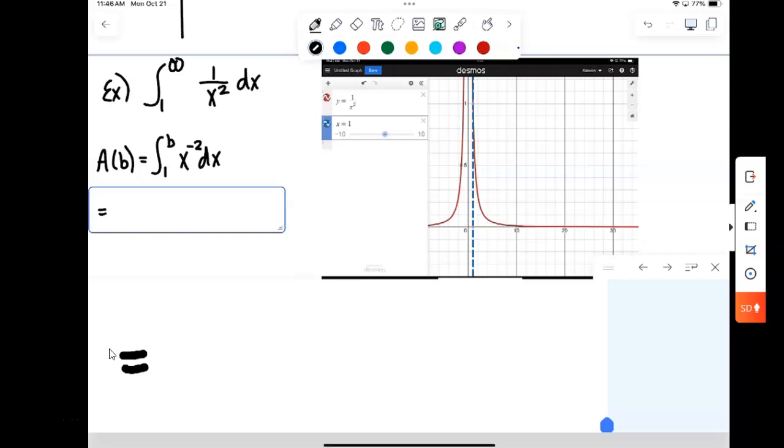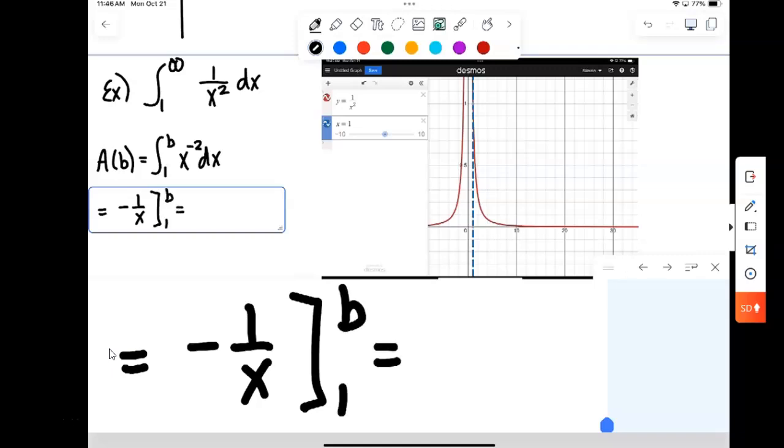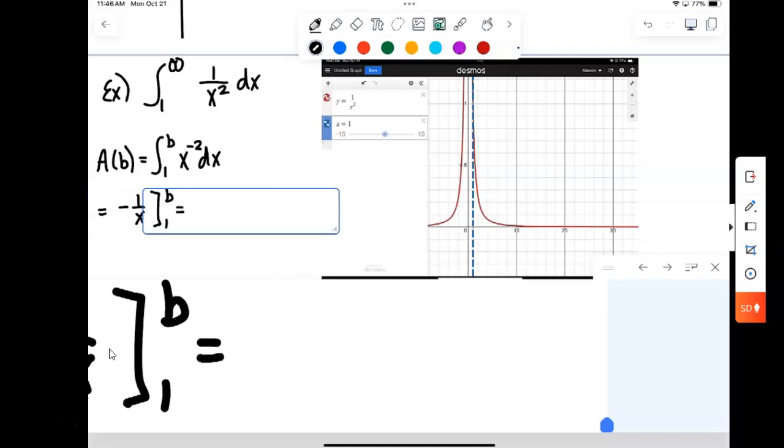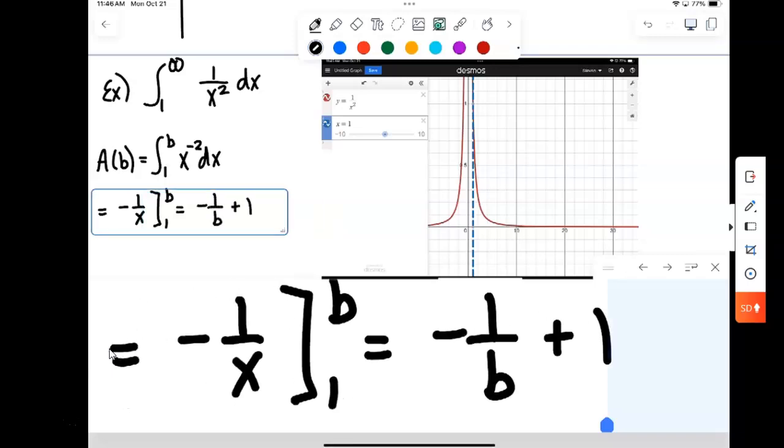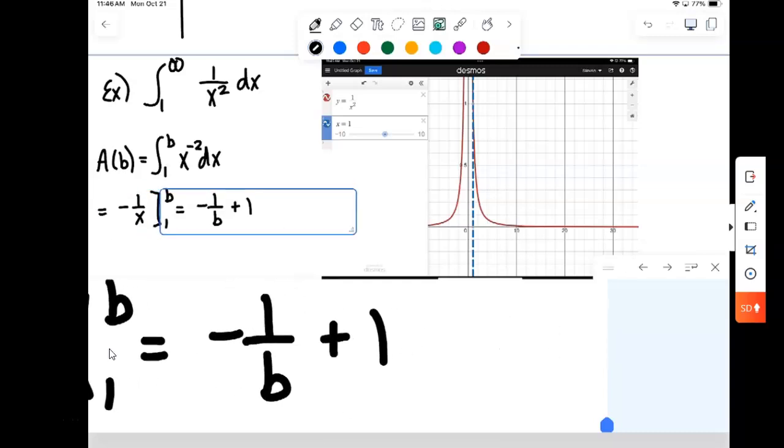We just add 1 to the power, get minus 1 over x, evaluate it between 1 and b, and simplifying, that would be negative 1 over b plus 1.